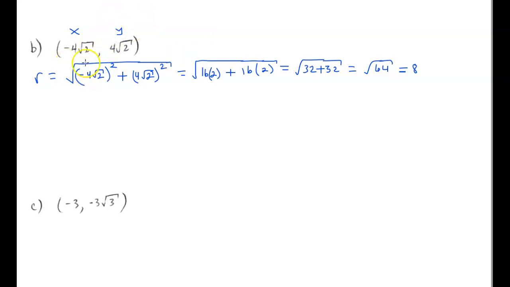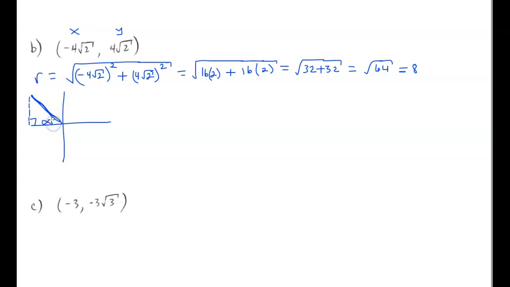Notice that for our Cartesian coordinates here, we have a negative x coordinate and a positive y coordinate. Okay. So since we have a negative x coordinate and a positive y coordinate, that tells us that our angle here is going to be in quadrant 2. Okay. And so in noting that, we can form this right triangle here.